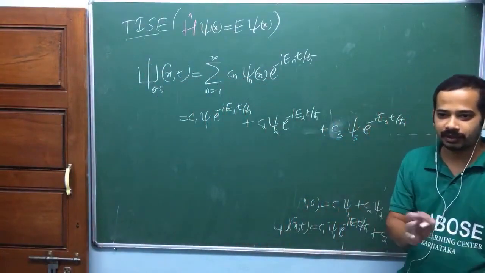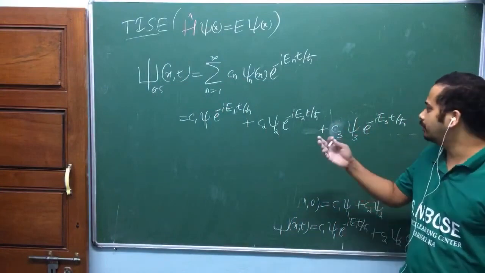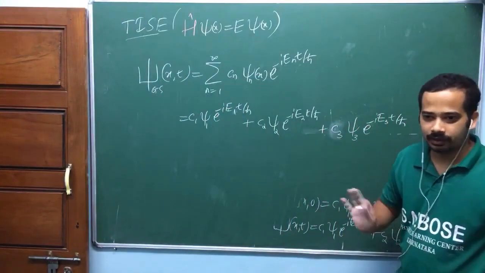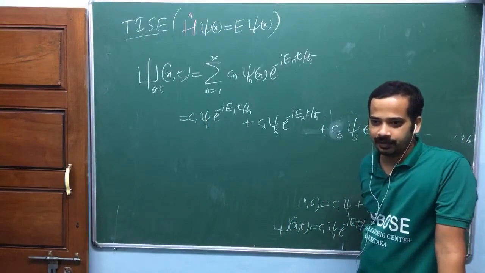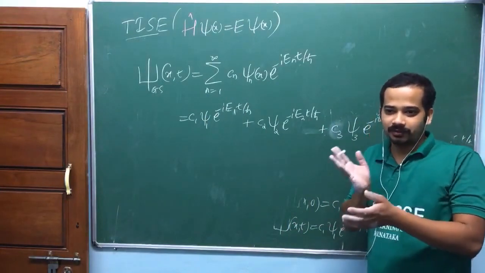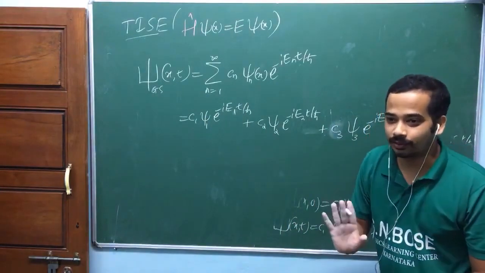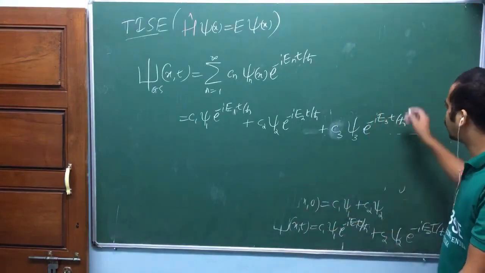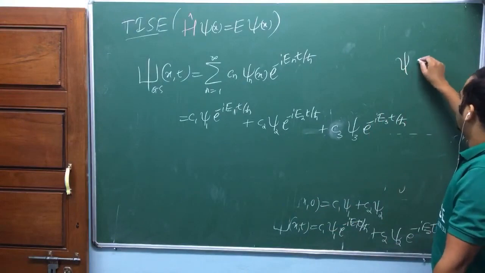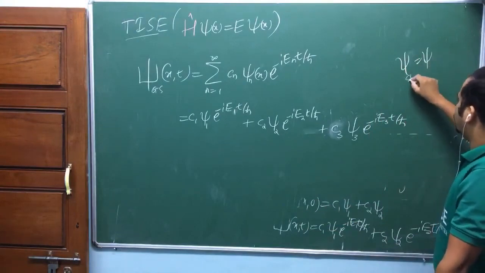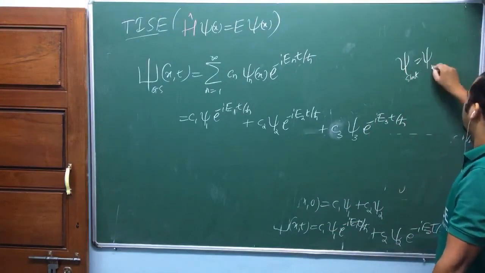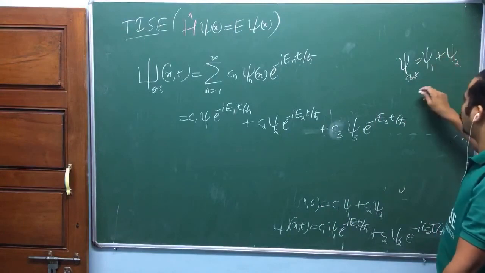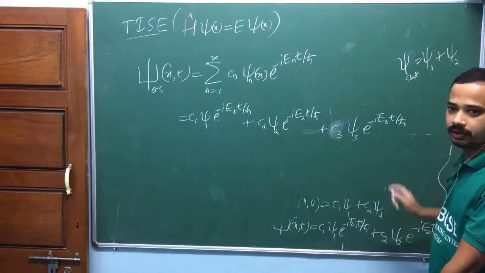Not like E1 plus E2 by 2, or E1 plus E2 plus E3 by 3. Not a kind of average. Not like the electron passing through both slits. That's what you don't observe, isn't it? In the electron double slit experiment, when you are not observing, the state is psi1 plus psi2. When you observe, you will get either psi1 or psi2.